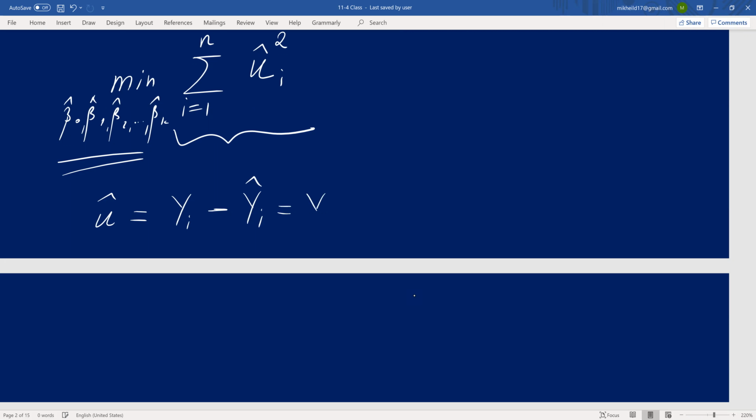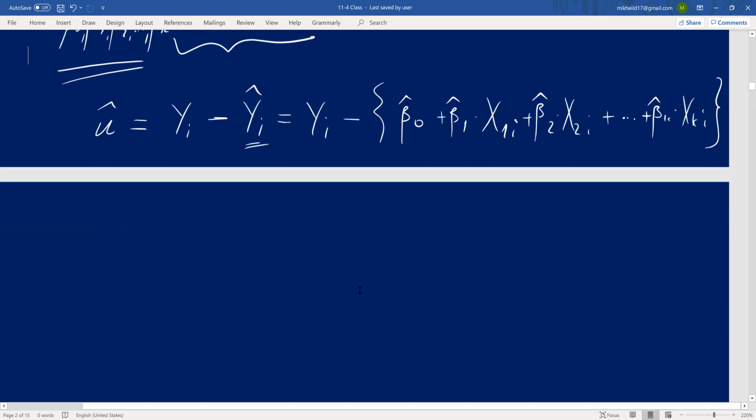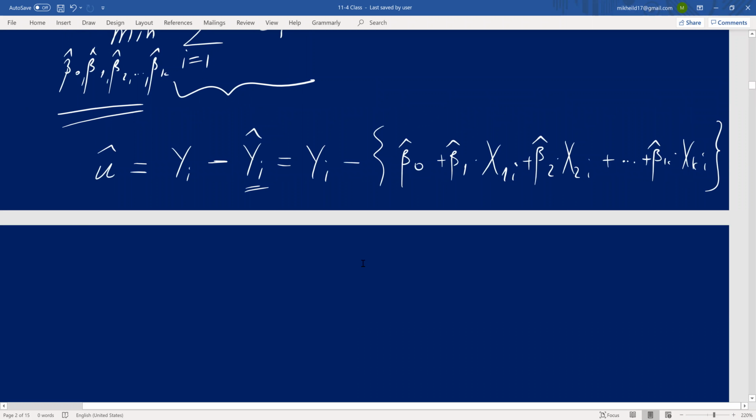But this is equal to Yi minus, what is Yi hat? Yi hat is beta 0 hat plus beta 1 hat times x1i plus beta 2 hat times x2i plus, and so on, plus beta k hat times xki. So now you see where we have these beta hats.